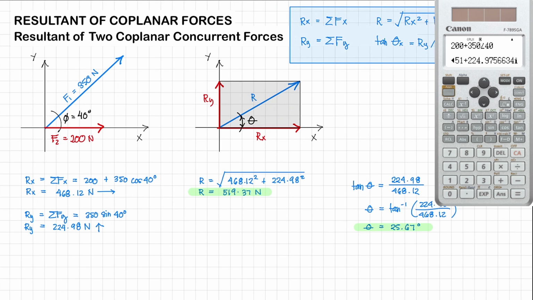Okay, so if we want to solve for the resultant, which is what we're trying to solve in this problem, we're just going to convert this into polar. So we're just going to click apps, then select 1 and then press equal. And there you go. You're going to see the resultant, 519.37, and the angle, which is 25.67 degrees. Right, so that's for our calculator techniques.